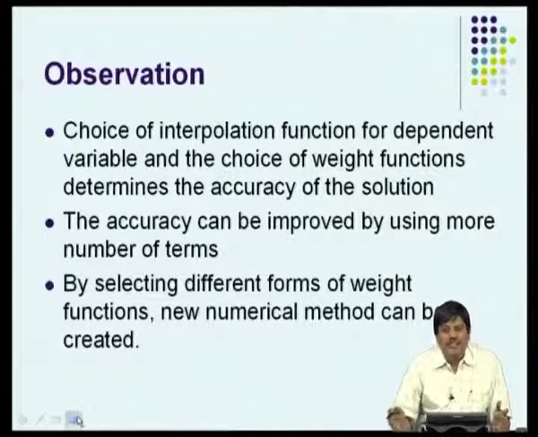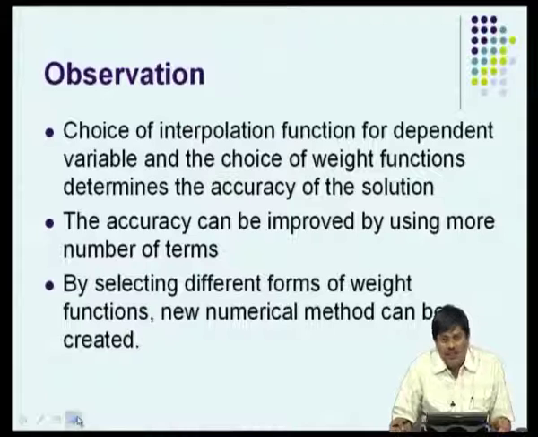So, what are the observations that we see? The choice of interpolation function for the dependent variable and the choice of weight functions determine the accuracy of the solution, that we saw in the 3 examples. We also see that the accuracy can be improved either by using more number of terms or by using higher order approximations, as the case may be.